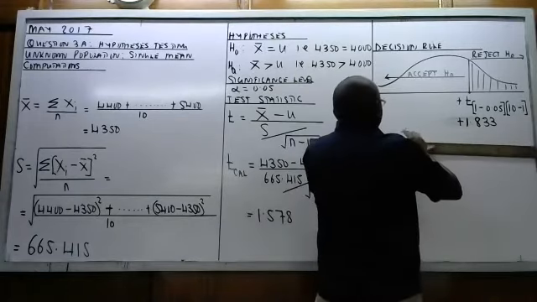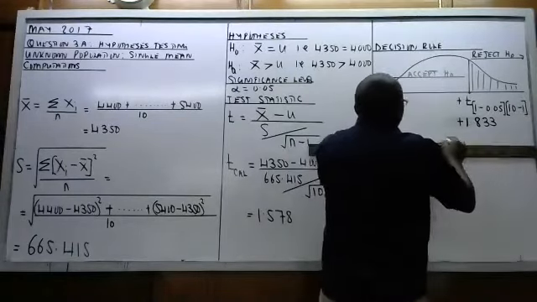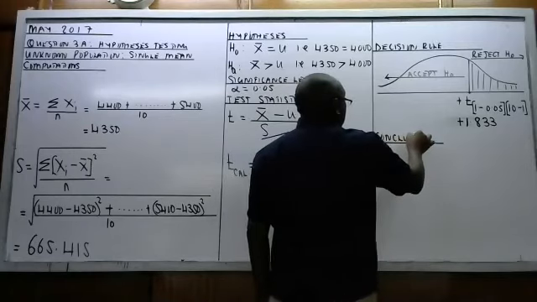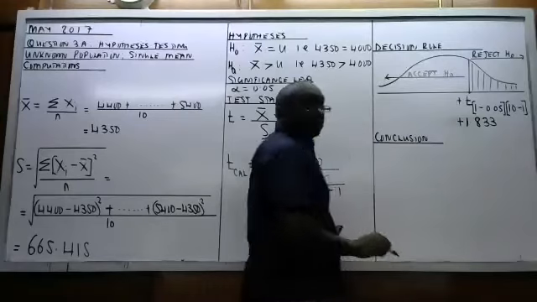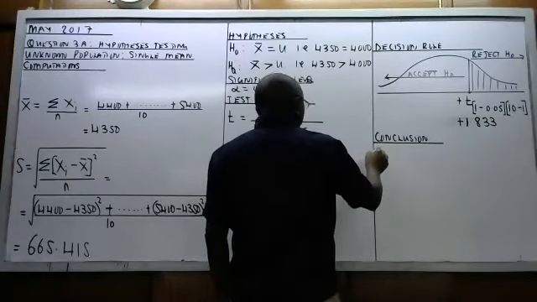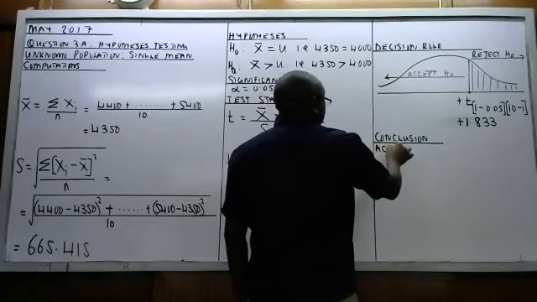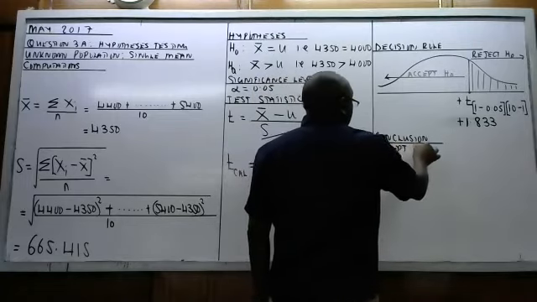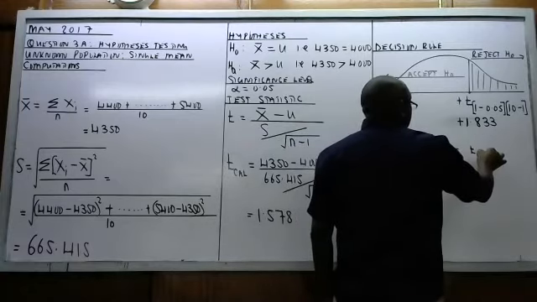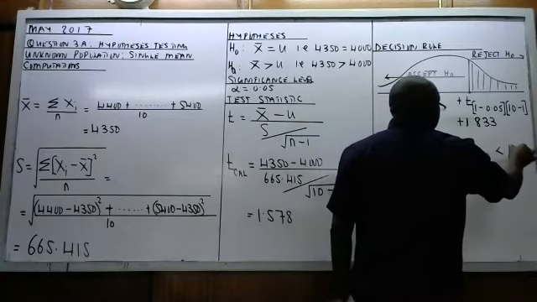Okay, so with that now, we will talk of conclusion. Conclusion, we are going to say accept null hypothesis since T calculated is less than T critical.